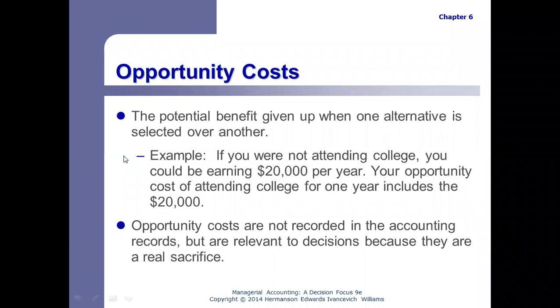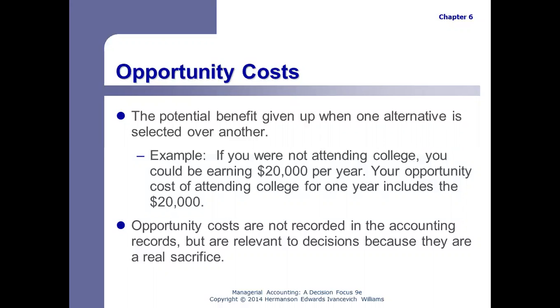Okay, another concept, terminology, is the concept of opportunity cost. An opportunity cost is something you're giving up by choosing a different alternative. And the example I give is by sitting down and listening to this lecture. And let's say this lecture is going to take an hour.